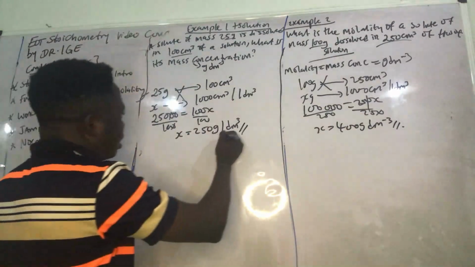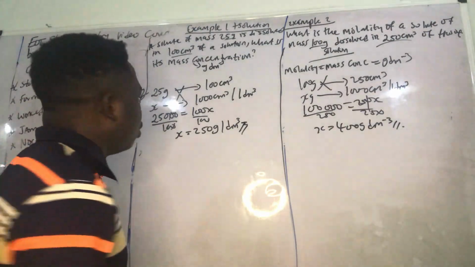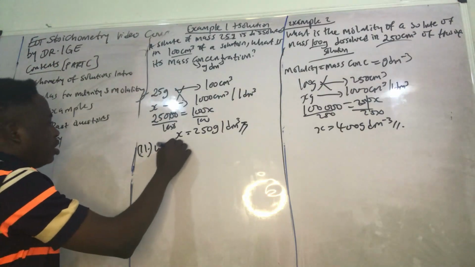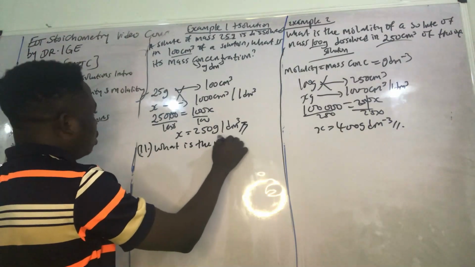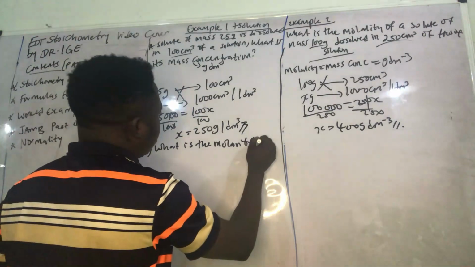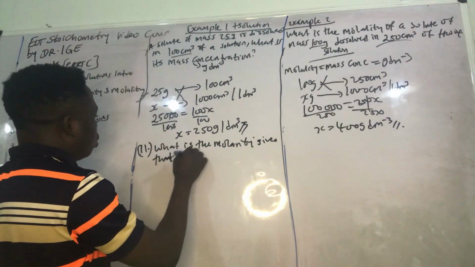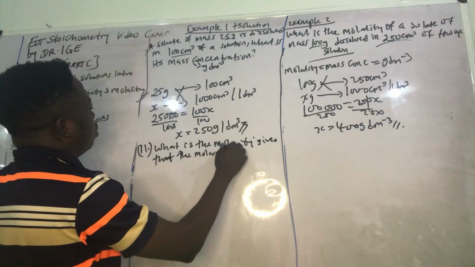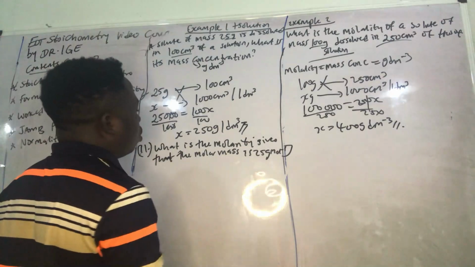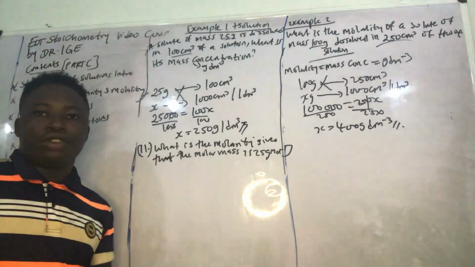This was the mass concentration that we calculated, right? Now, what if they ask a question like, what is the molarity, given that the molar mass is 25 gram per mole? What do we use in this case? Let's look for the molarity.